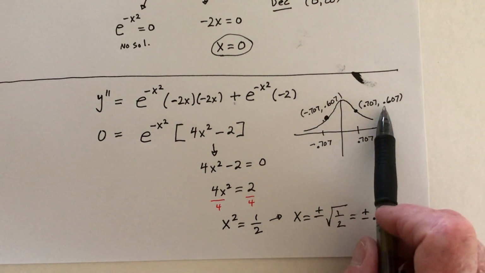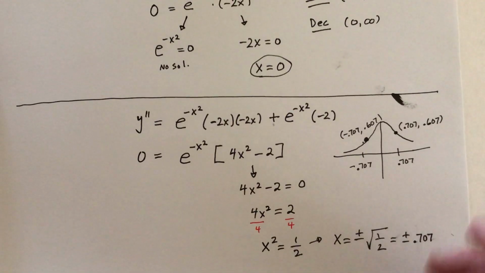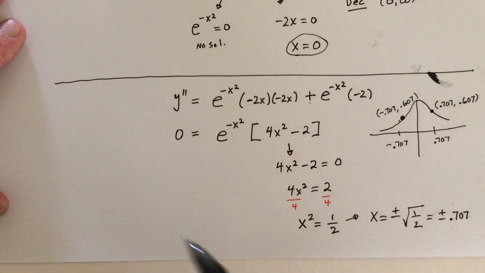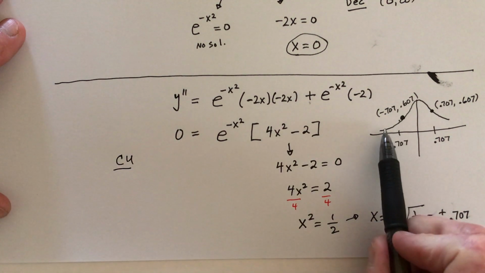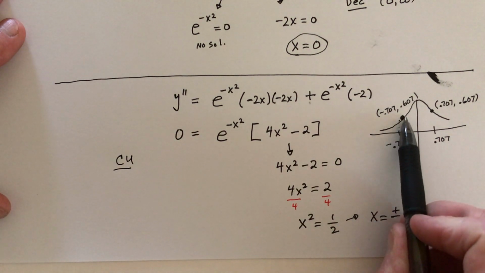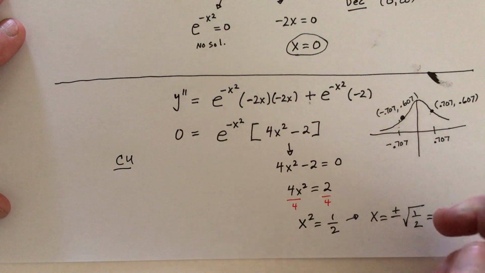Okay, so there's the 2 points of inflection, and then where's it concave up and concave down? Sometimes I just abbreviate concave up. So this side is concave up, the middle is concave down, and this side is concave up.